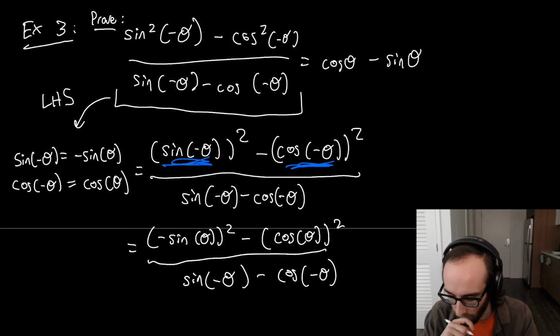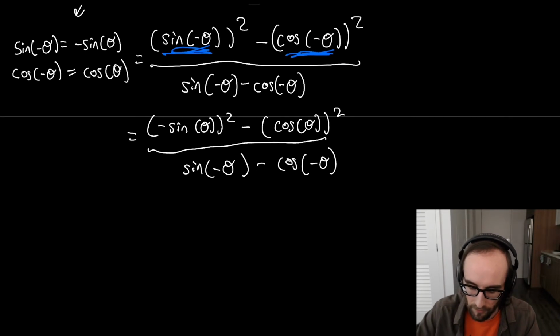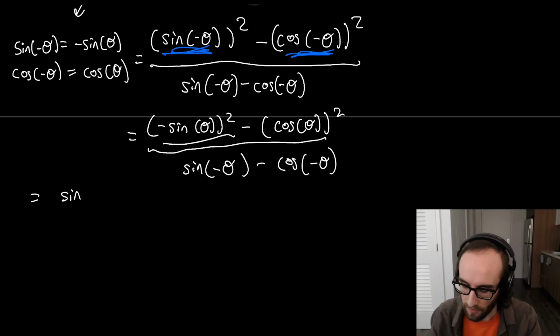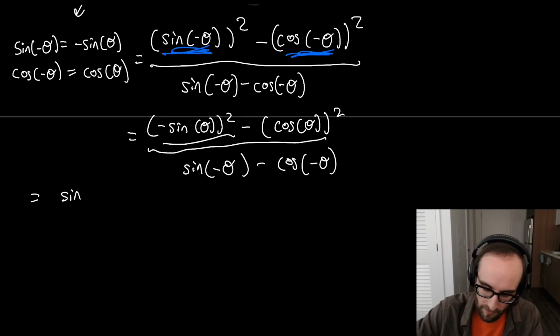Okay. Then we can simplify the numerator. Negative sine of theta squared gives us positive sine of theta squared. And then we have minus cosine of theta squared.